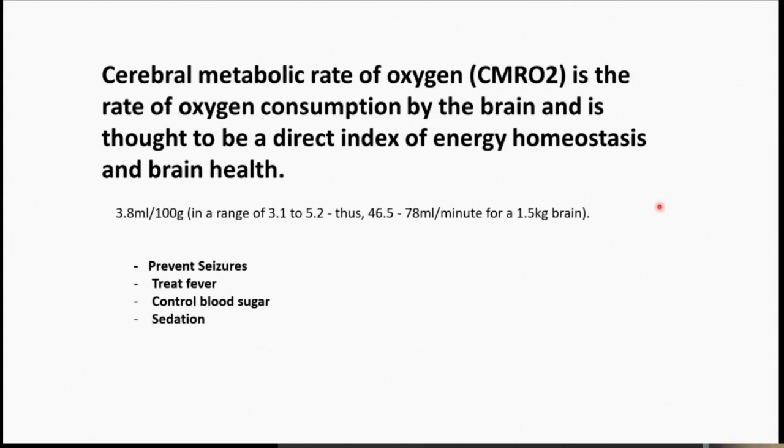Patients with head injury who have a moderate to severe head injury should receive anti-epileptic prophylaxis, at least for the first 1 week after injury. Treat fever. If these patients are febrile, they need to have their temperature brought down. Control blood sugar.